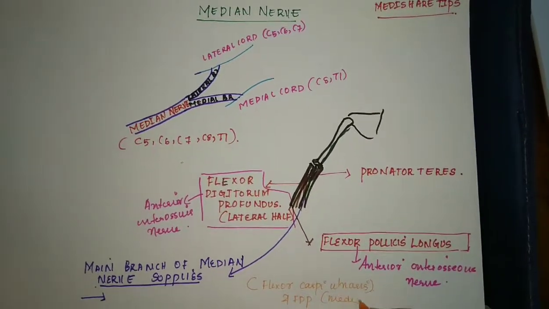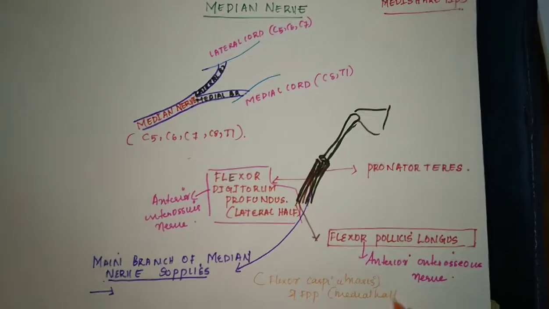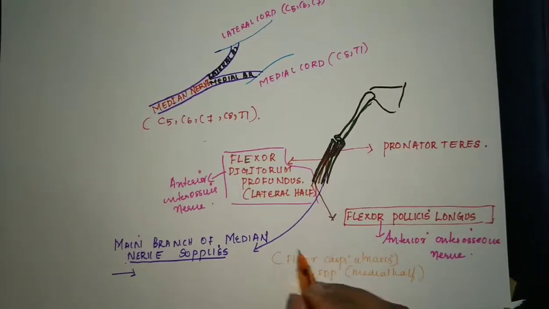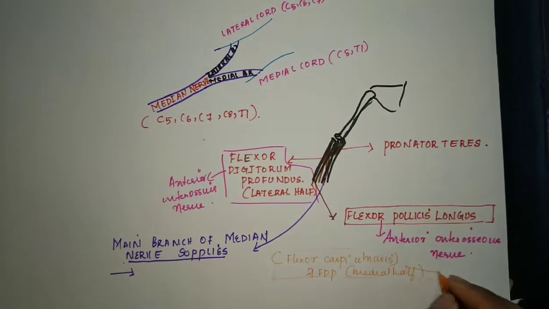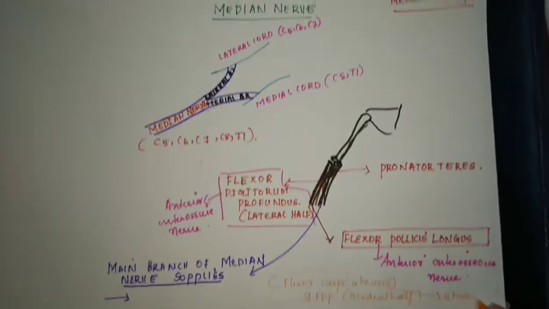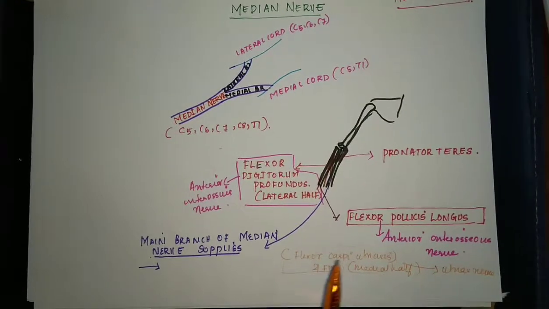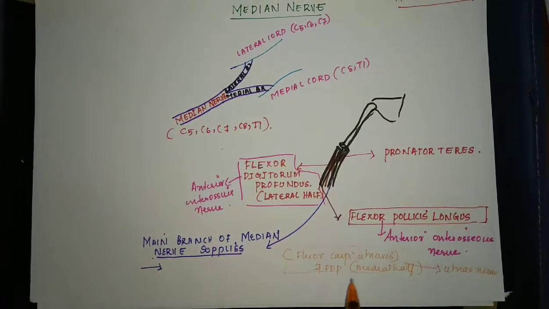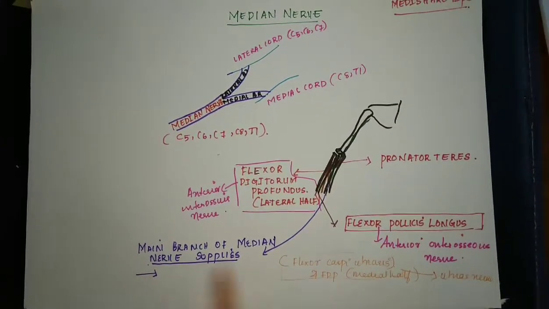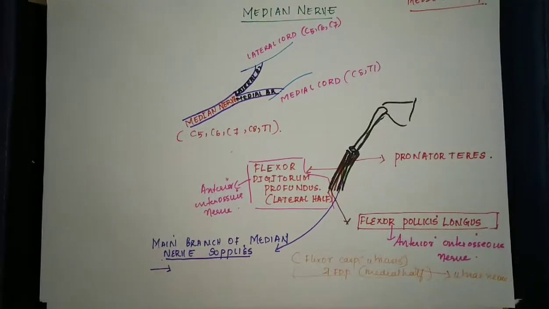These two flexor muscles are supplied by the ulnar nerve. So all other flexor muscles except the flexor carpi ulnaris and medial half of flexor digitorum profundus are supplied by the median nerve.